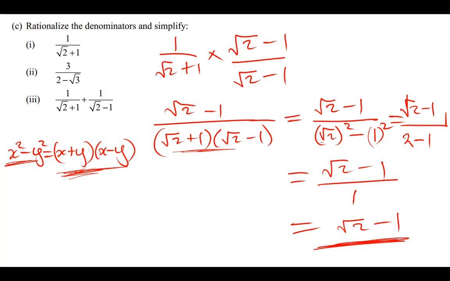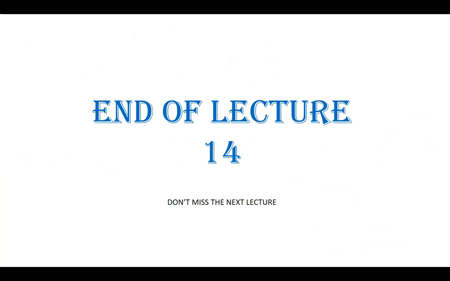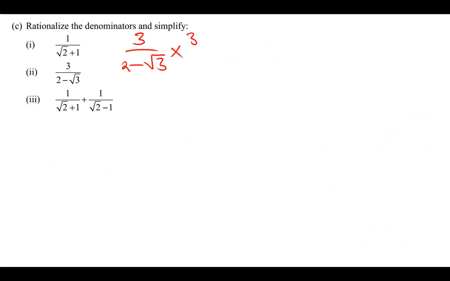So we quickly proceed. So this one, you also have 3 over 2 minus the root of 3. So you say times the conjugate of the denominator, which will be 2 plus the root of 3.